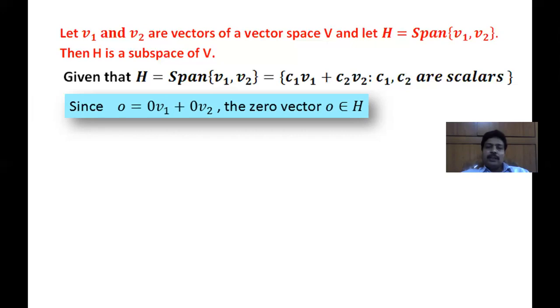Here I have chosen C1 and C2 both as scalar 0. So zero vector is written as a linear combination of V1, V2. So zero vector is in the span of V1, V2. Span of V1, V2 is nothing but H. So O belongs to H.